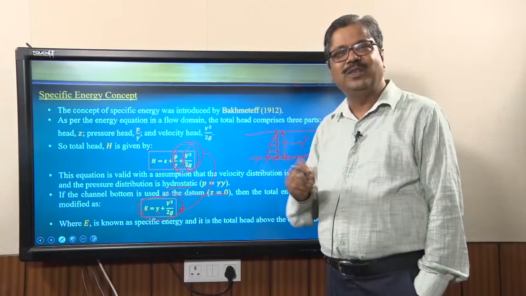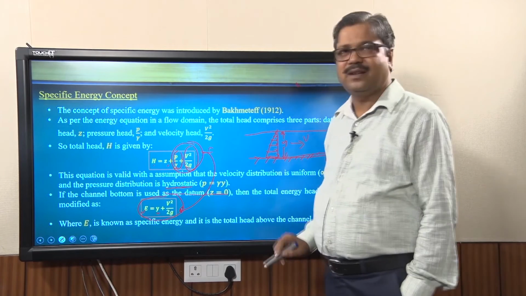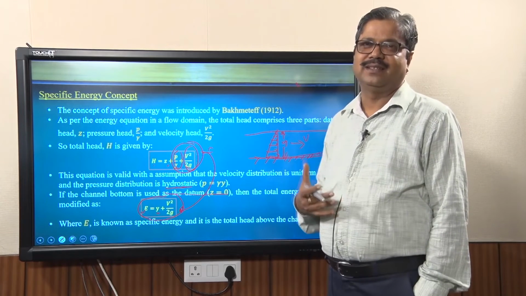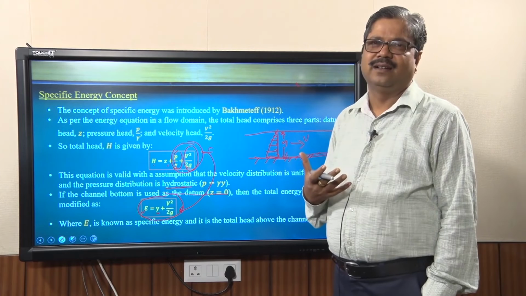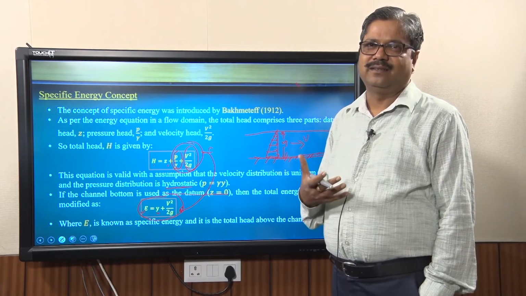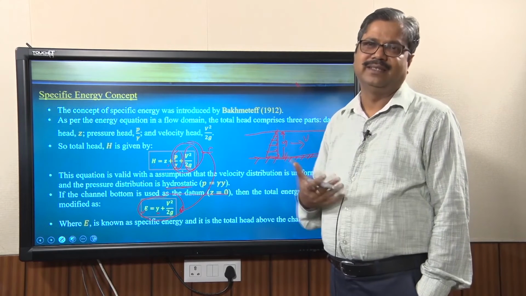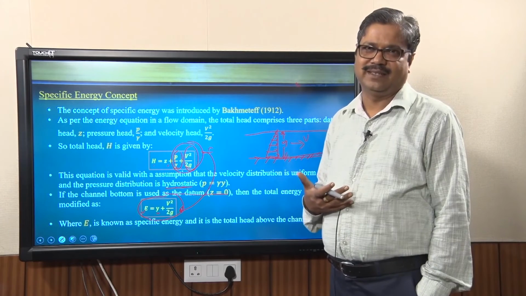If you look at it, it is a very simple function for energy calculations. Many times we use this specific energy instead of the full equation, because these two assumptions can be validated for many cases. This assumption can be considered in many analyses to know how the energy dissipation is happening. That is the reason we compute the specific energy.